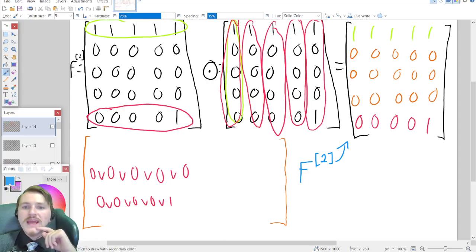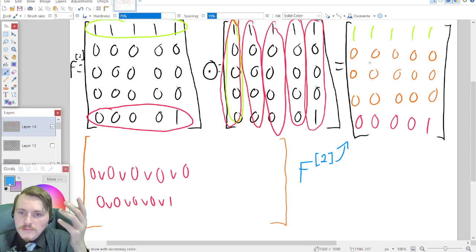Based on what we have here, is f to the second the same thing as f to the first? Yeah. So what if we did f to the second times f to the second, Boolean product? It's the same thing as f times f.